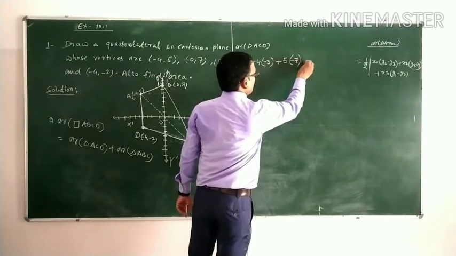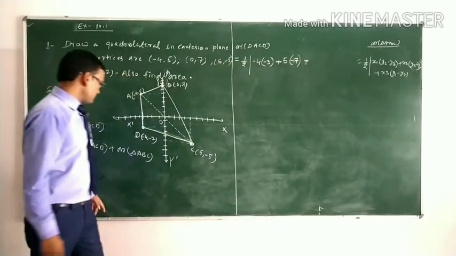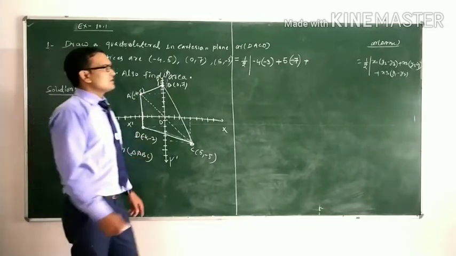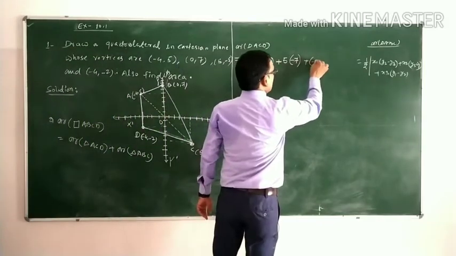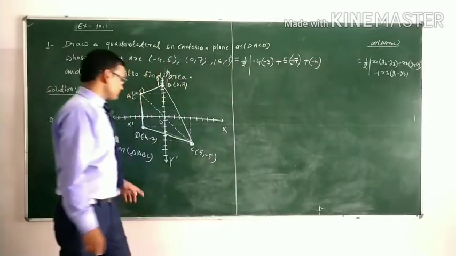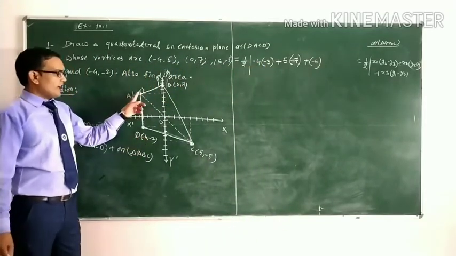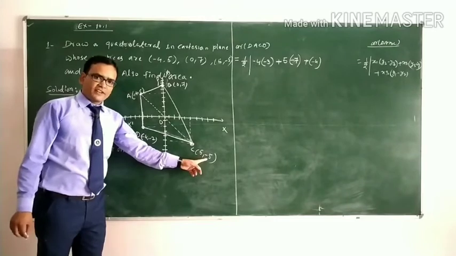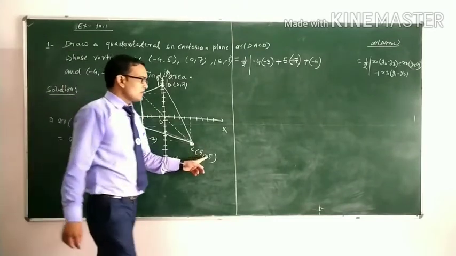Minus 7 plus minus 4 into (5 minus minus 5), this gives the value 10.